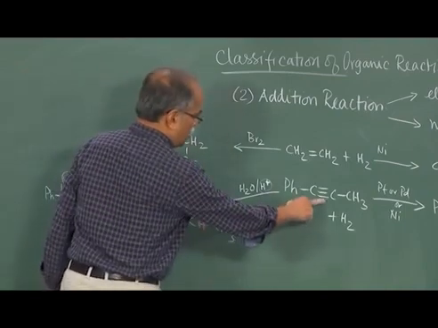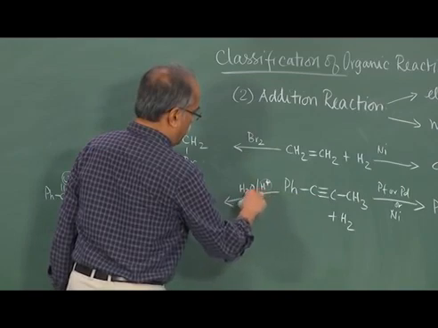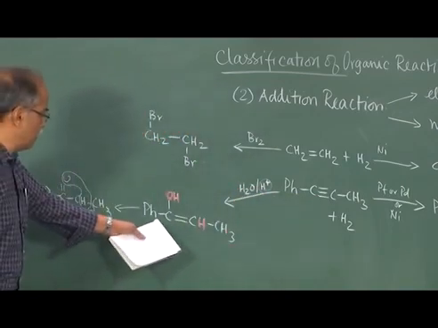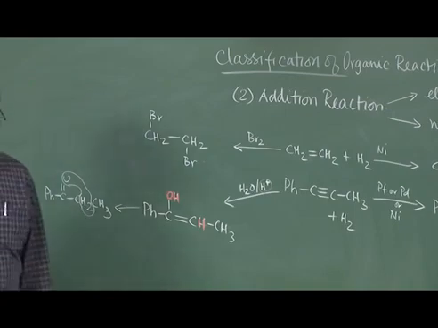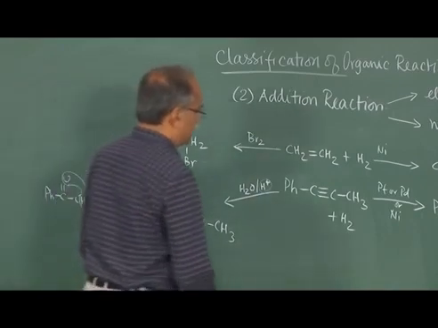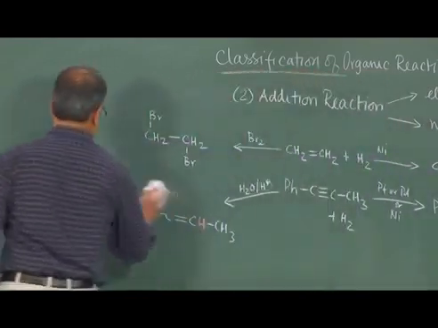This is an electron rich triple bond. So, it has to be initially protonated to make a carbonium ion which reacts with water to produce the enol. Enol undergoes tautomerism to give the ketone as the product in this particular case. So, these are examples of aliphatic electrophilic addition reaction.